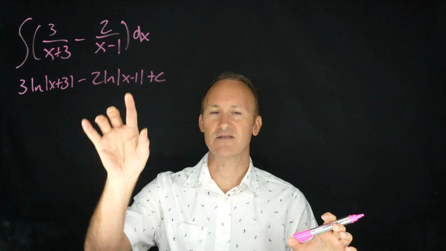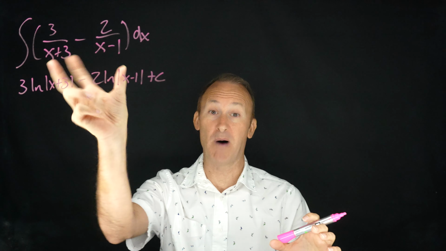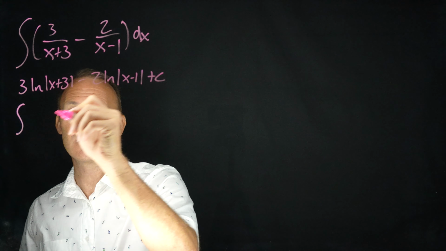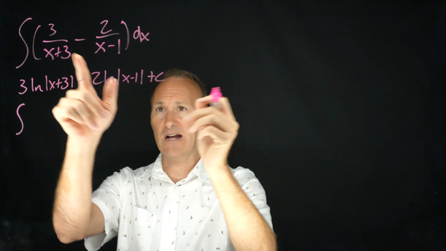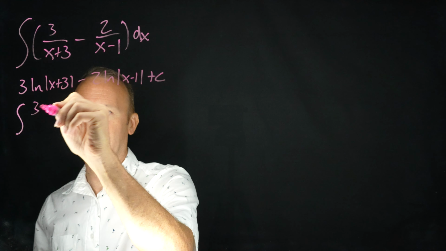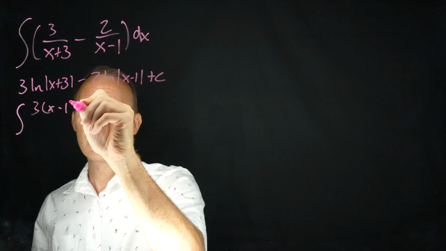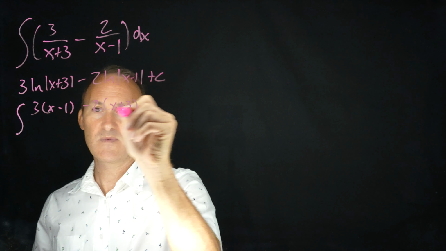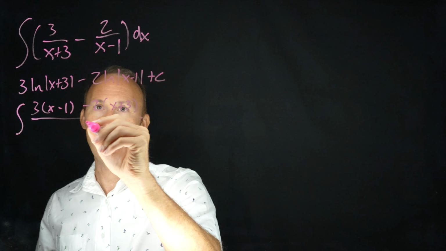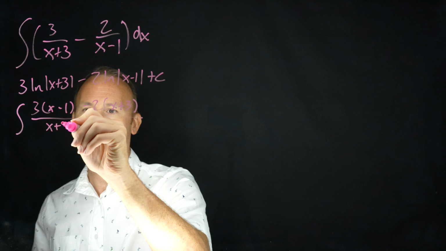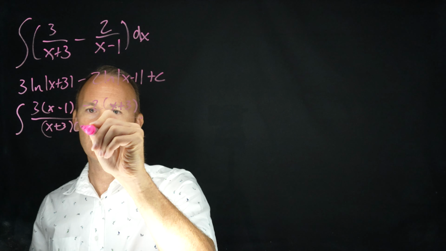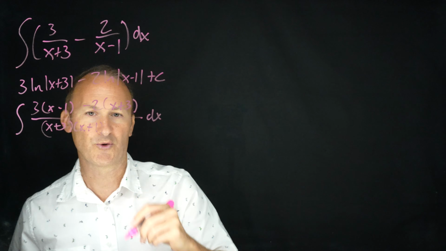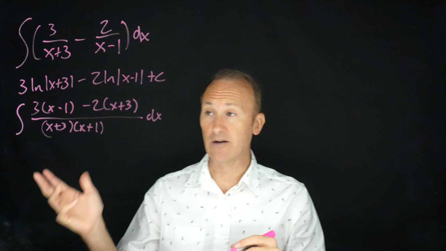What's interesting is that if you look at it in terms of combining the fractions, this is the same as if we subtract these, we've got 3 times x minus 1 minus 2 times x plus 3, all over x plus 3 times x minus 1. Certainly you could multiply out the numerator.